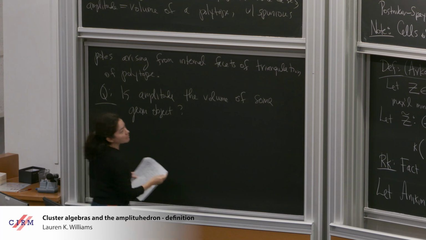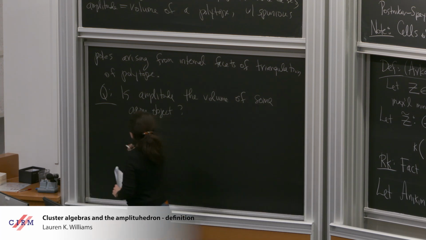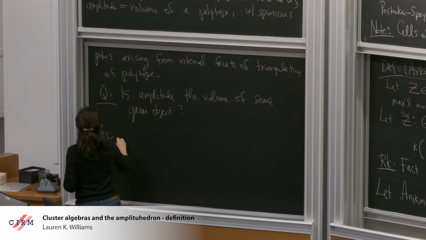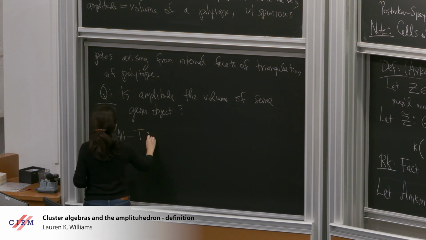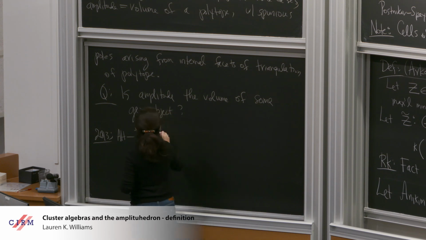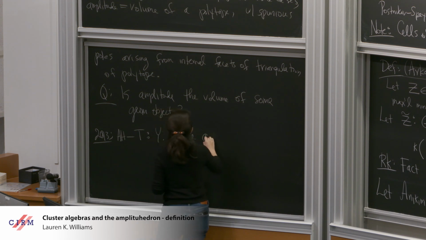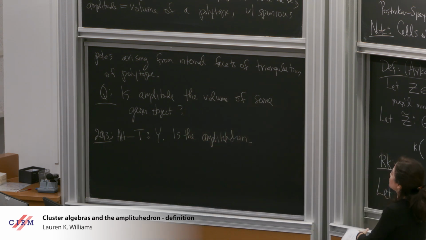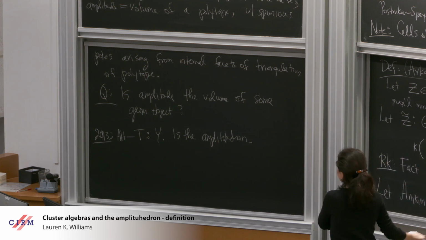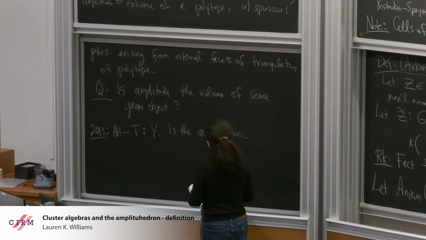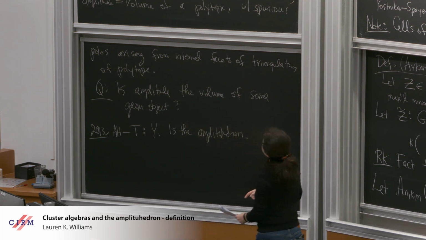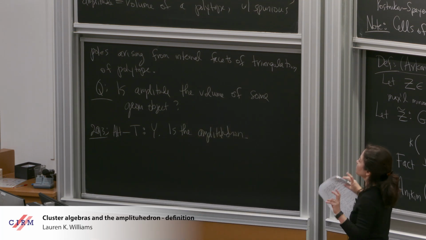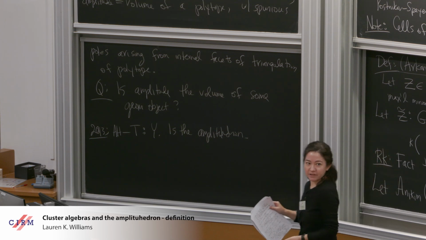And then in this 2013 work of Arkani-Hamed and Trnka, they said yes, and the geometric object is the amplituhedron. And then in this paper, which had all these constructions, but the actual statements were largely conjectural, they interpreted the BCFW recurrence as giving a quote-unquote triangulation of the amplituhedron.